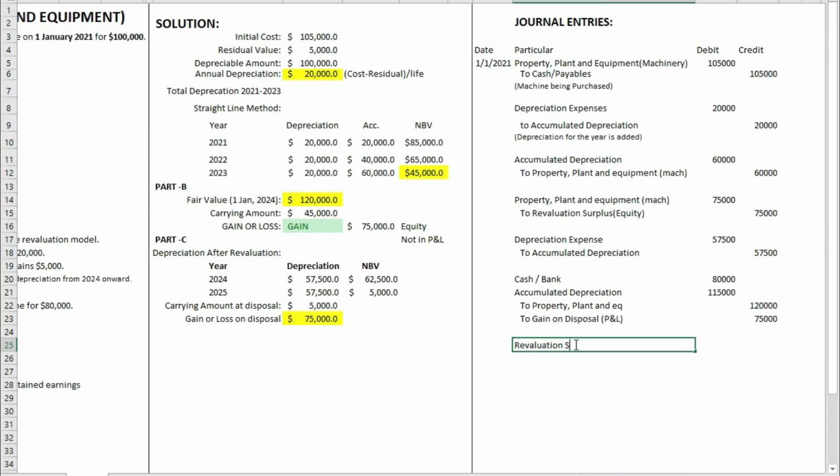So we'll add the journal entry again, debit revaluation surplus in equity, which is 75,000, which we have discussed there, and credit retained earnings 75,000 US dollars. So here's our recap of IAS 16.